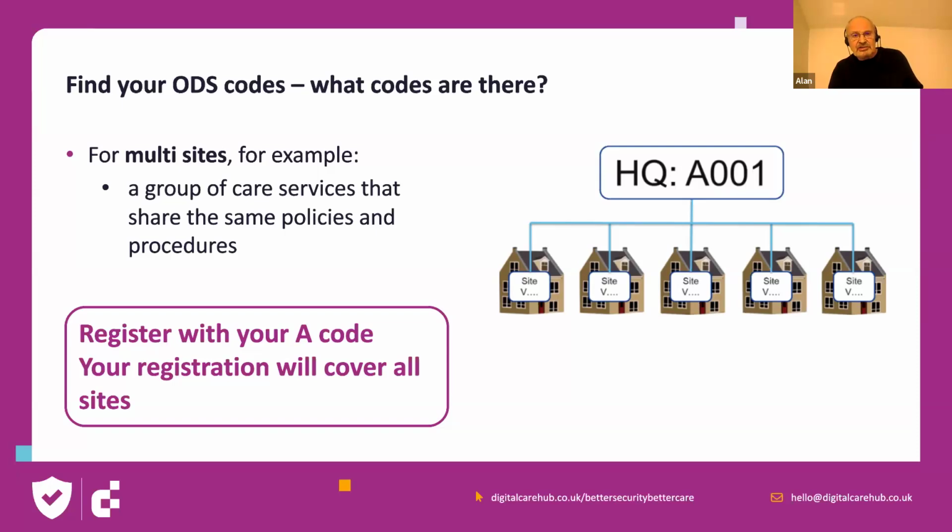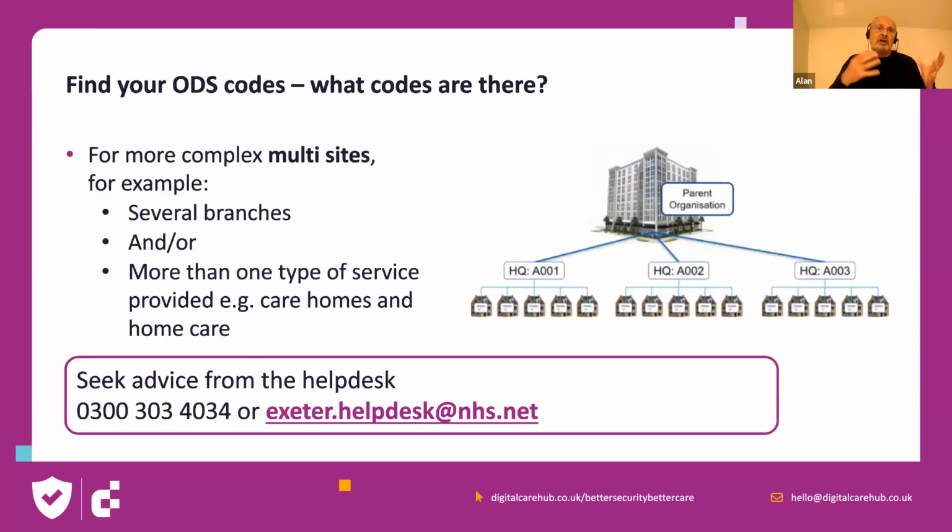So if you are a larger organisation, a multi-site organisation, for example, and perhaps offering more than one type of service, so you might provide care homes and home care, supported living, etc., then that becomes a bit more complex, and it depends upon what your business arrangements are and how you've registered with CQC as to what you can do and how you can register and which ODS code is the most appropriate code to use.